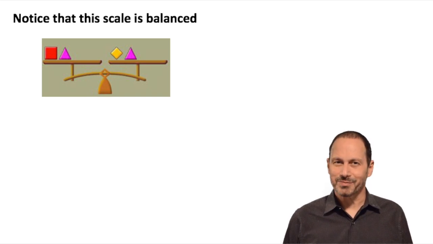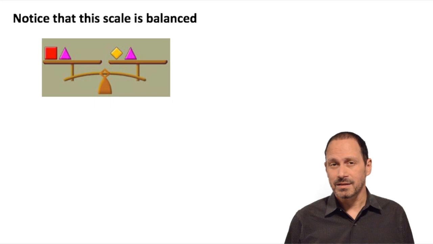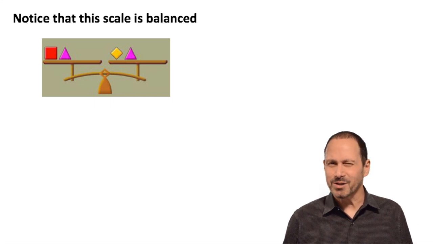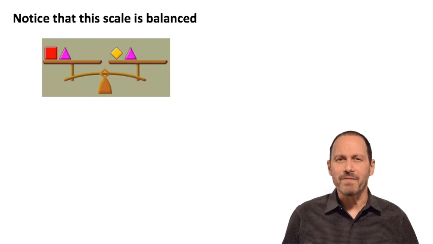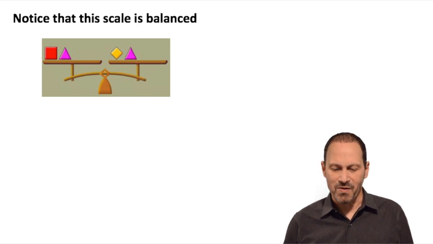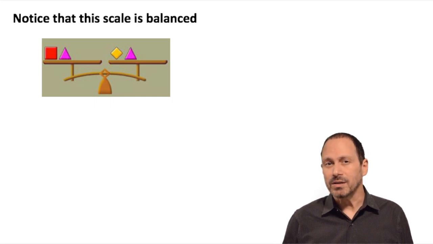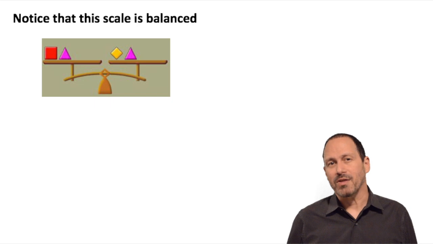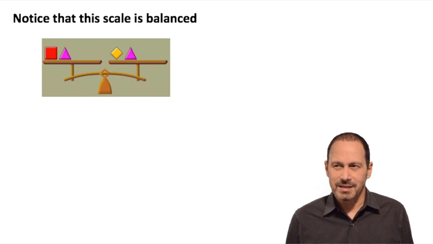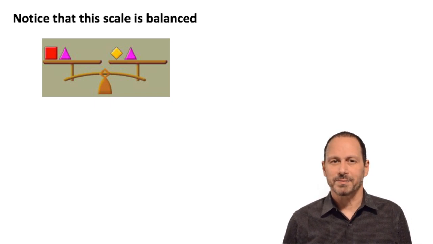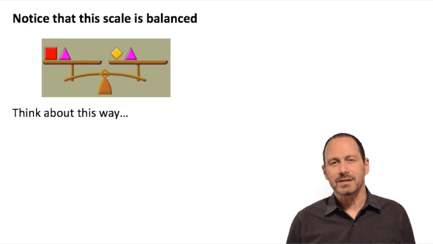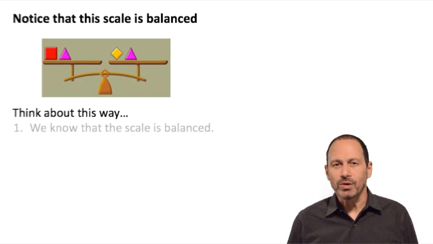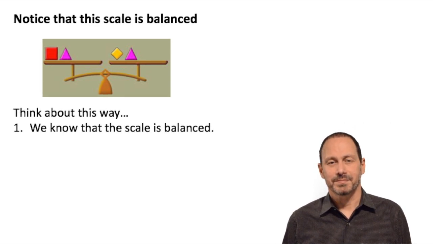Look at the scale and notice that it is balanced. So if the scale is balanced, what can we infer about the weight of the square, the triangle, and the rhombus? Think about it this way. We know that the scale is balanced.